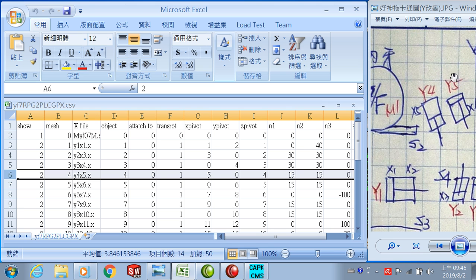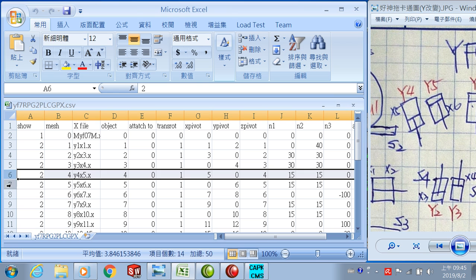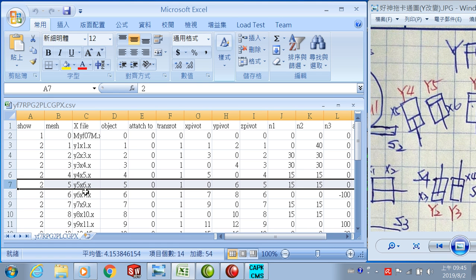Then, let's see this one. Y5, S6. The upper limit, nothing. The lower limit is input 6, actuated by opening Y5.